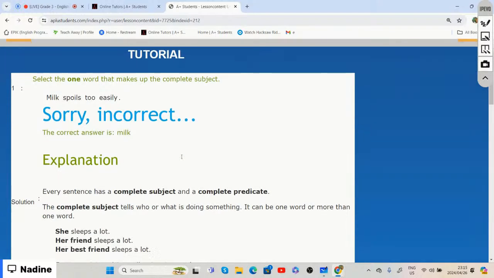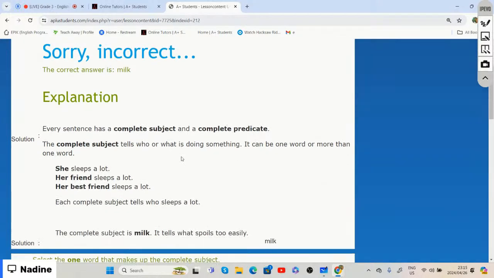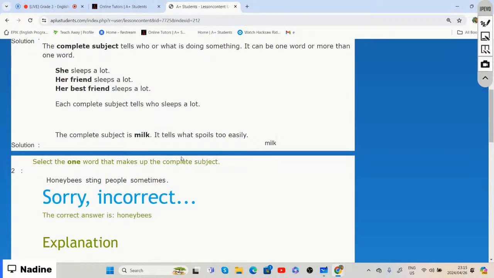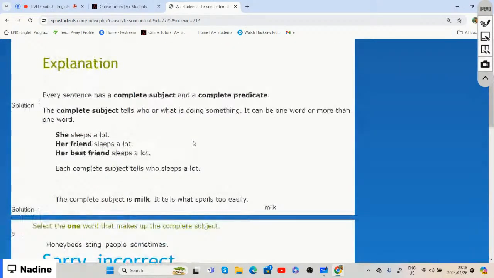All right. So we said that every sentence has a complete subject and it has a complete predicate, right? And we said a complete subject, it tells us who and it tells us what is doing something. And we said it can be one word or it can be more than one word, right?